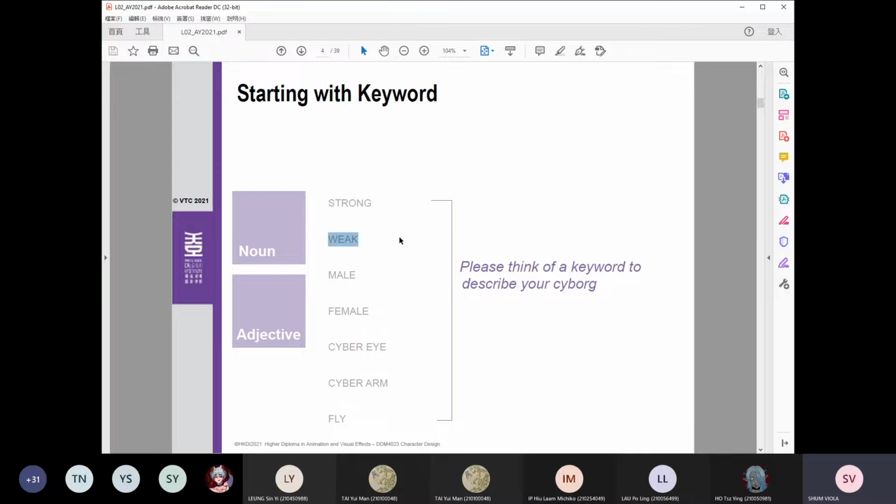Maybe instead of legs, this robot will have wheels, so that it can move very fast. So all these nouns or adjectives help you focus on one thing, so that you can do research based on this focus.